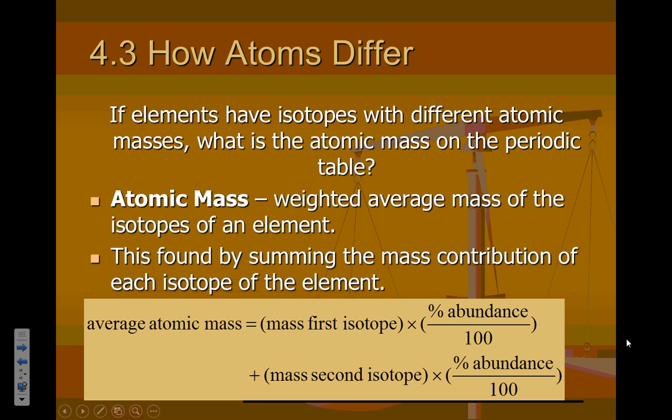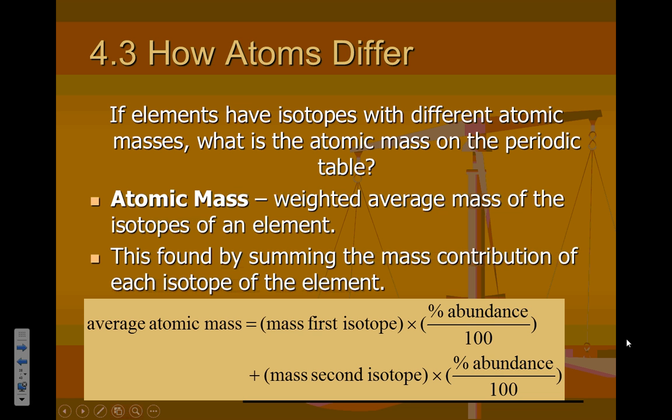So what really is a mass contribution, and how do we find it? Well, it's the mass of the isotope times the decimal form of the abundance. Remember, when we have a percent, we've artificially multiplied it by 100 to make the number more normal and meaningful and understandable to everybody around us. We've dummied it down. People understand 97% much better than they understand what 0.97 per 1 would equal.